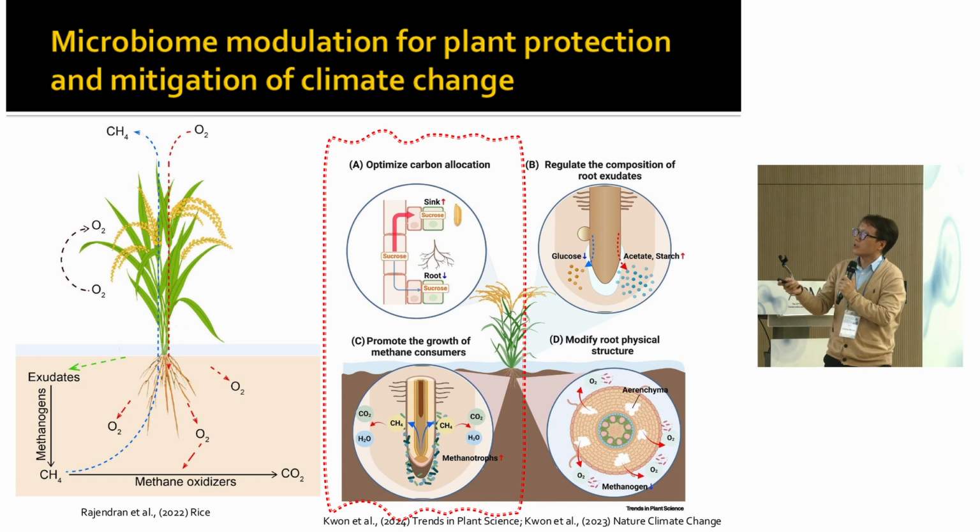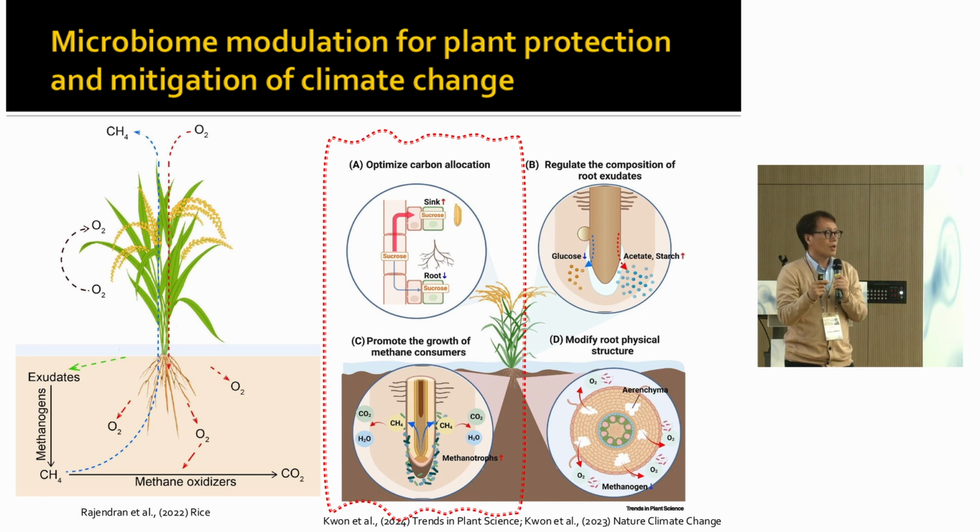We already have data, as we are interested in promoting the growth of methane consumers, the methanotrophs. The problem was that methanotrophs are difficult to grow in large-scale production, so we cannot apply them in the rice field.